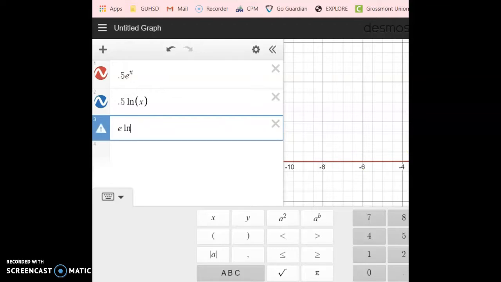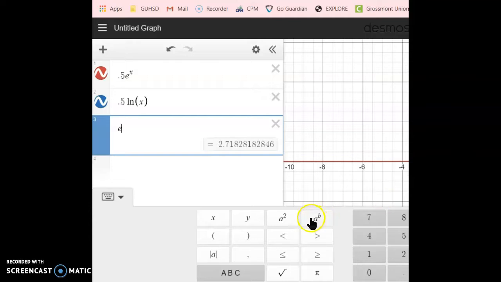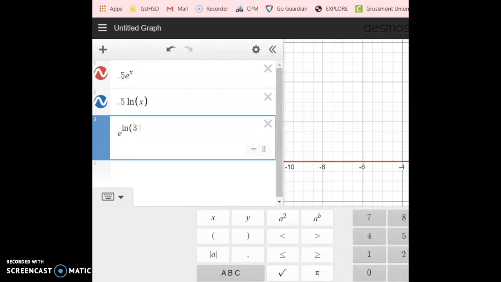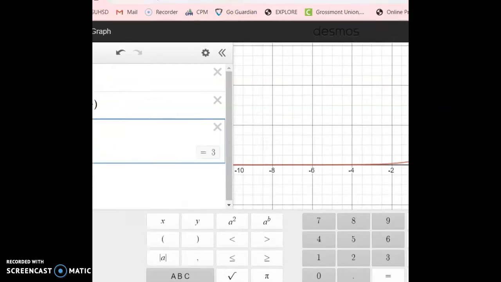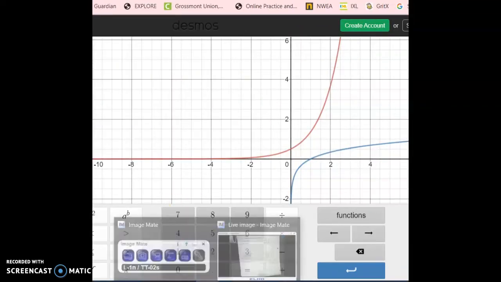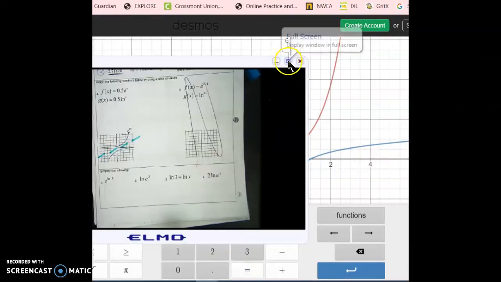Oops, I'm doing awesome. Okay, let's try this again. Functions, miscellaneous, natural log, 3, and the answer is 3. Why is that? Because these two are inverses of each other. I wanted to make a point in the calculator so you can use that to help you.